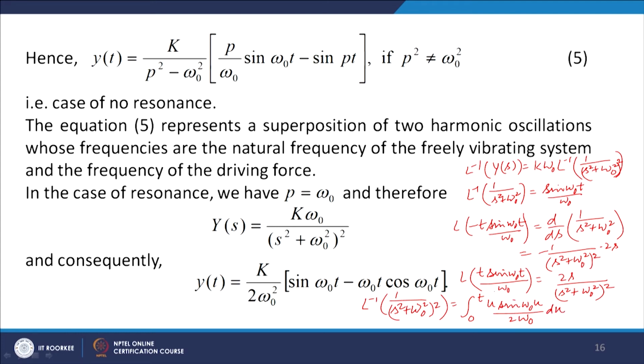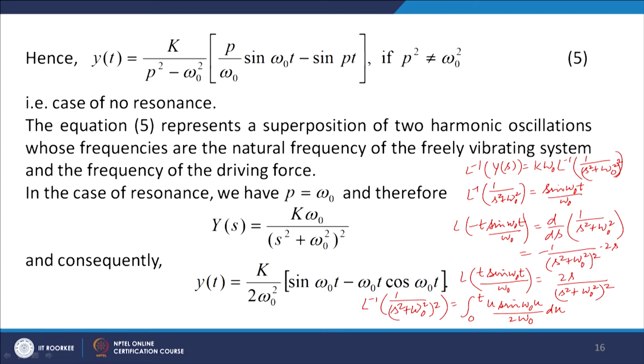We are bringing this 2 here, so that it becomes t sin omega naught t over 2 omega naught, and then the right side becomes s over (s square plus omega naught square) whole square. We divide this by s, and that means that we are integrating this over 0 to t.